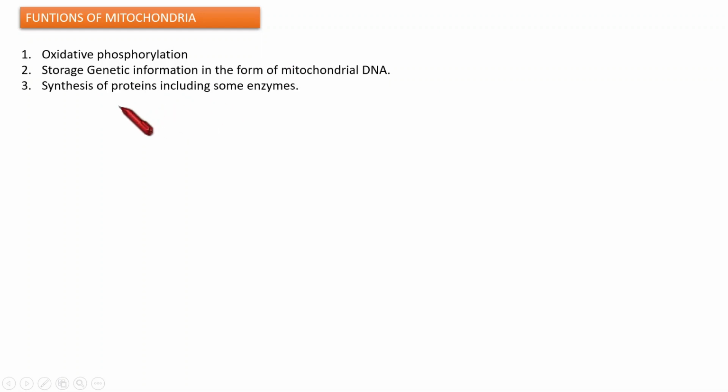And the third function, it synthesizes some proteins. Proteins means mainly some enzymes. That's very clear, it's simple. It's logical that as it possesses genes, it can synthesize proteins, and those might be some enzymes. So that is the third function of the mitochondria.